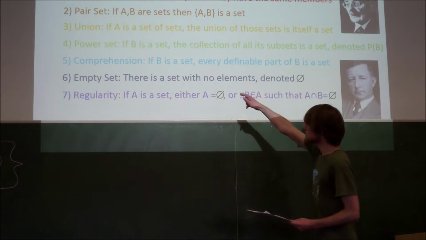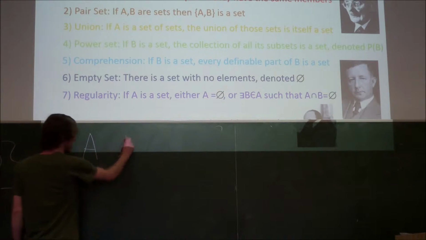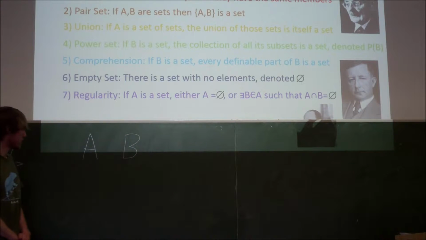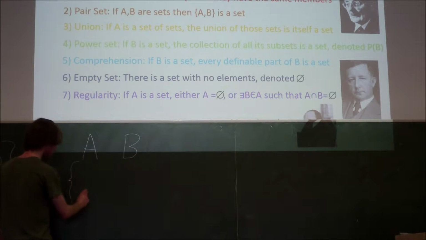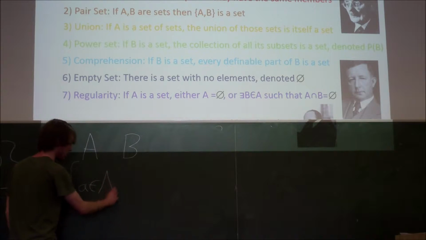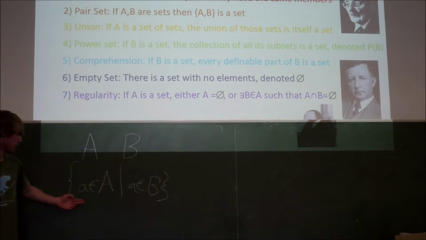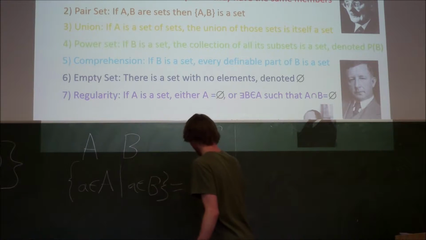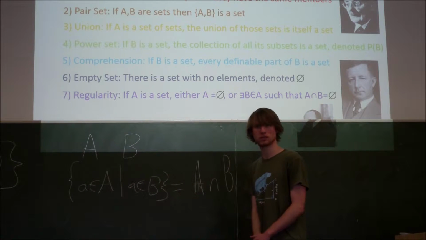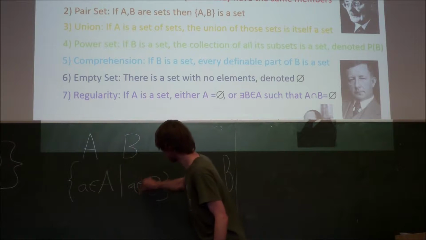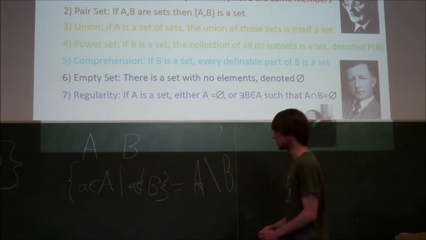But with axioms number 5 and 6, we can prove a couple more things. In particular, if A and B are sets, then we can take the intersection of them now, because using the axiom of comprehension, we can say the set of A's in A such that they are in B. We can also take the set of A's which are not in B and get A excluding B, which is also an object that we're used to using.